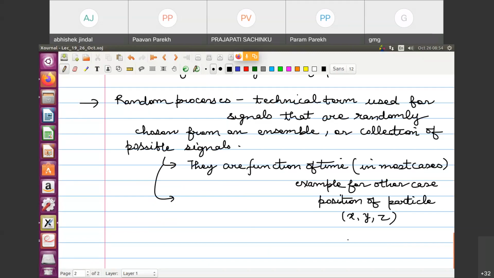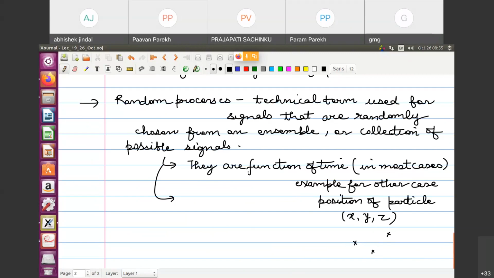Let us say if I am at this point, my energy is 2 volts. If I go to this point, suppose my energy is 4. Then I come to this point, and my energy is again 3. So it means something is there which is changing as I change positions.